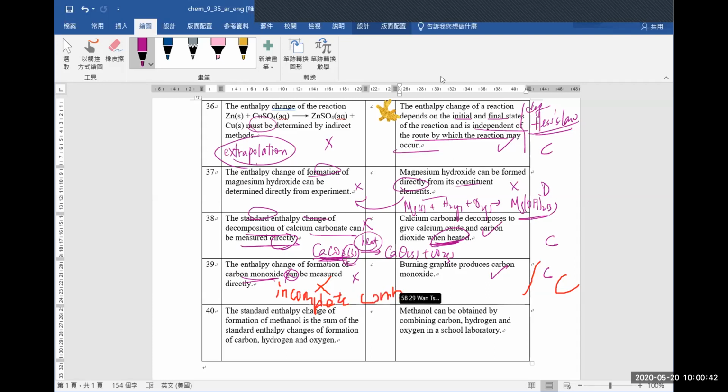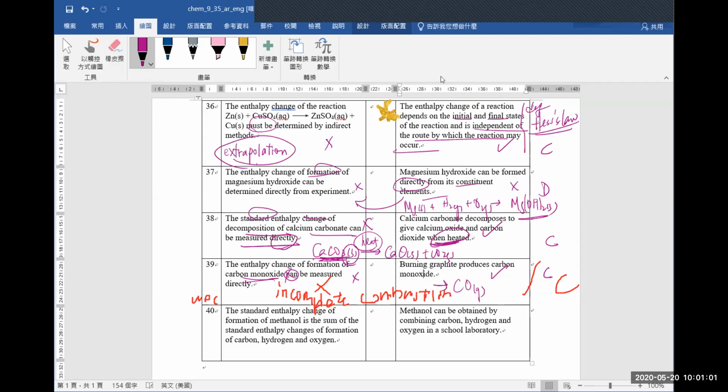So what is the relationship between the two statements? Go back to the questions. We are going to measure the delta H formation of carbon monoxide.